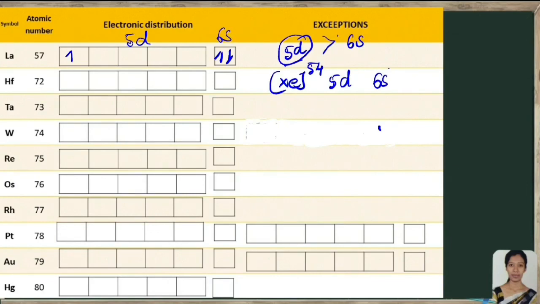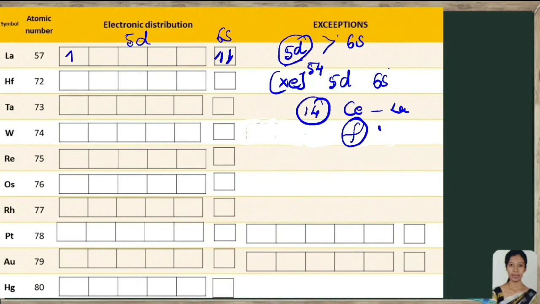So after this lanthanum, there are 14 elements, that is cerium to lutetium. For these 14 elements, the inner electrons will be entering the f orbital instead of entering the d orbital.